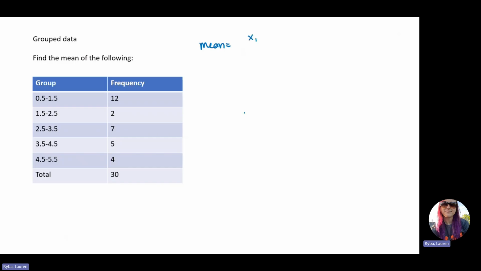So x1 is going to represent the midpoint of the first group times frequency 1, plus x2 times frequency 2, the midpoint of the second group times its frequency, so on and so forth, all the way through to your last data point, xn fn. And then you're going to divide by however many total you have for your frequency. So xn is a midpoint and fn is the frequency.